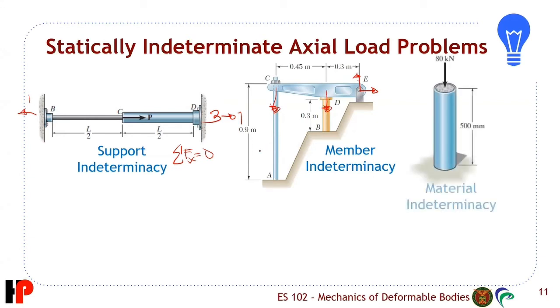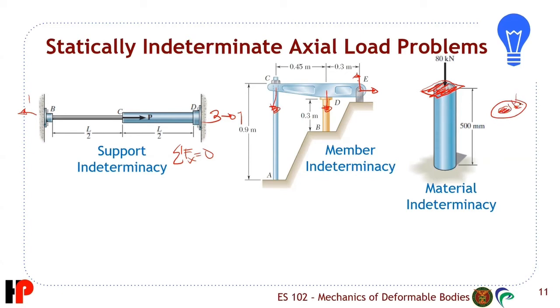Then the last kind is material indeterminacy. So yung material indeterminacy naman happens when you have multiple materials carrying the same load. So ang pag-imagine dyan, merong parang plate dito. So kung may plate dyan, tapos in-apply mo yung force, madidistribute dun sa concrete tsaka dun sa steel, kung yun man yung dalawang members.